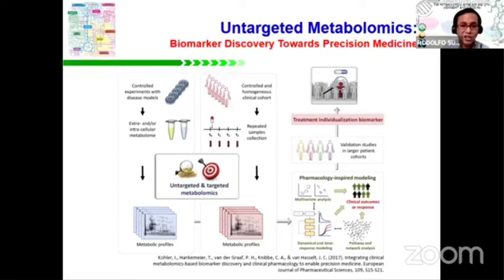However, such categorization is often inappropriate or an oversimplification, especially if the treatment individualization biomarkers are inherently dynamic processes. So especially if you're looking at metabolites that are by nature very dynamic or fluctuating, that's why you need to employ very carefully designed research when you want to use metabolomics in the clinical setting.